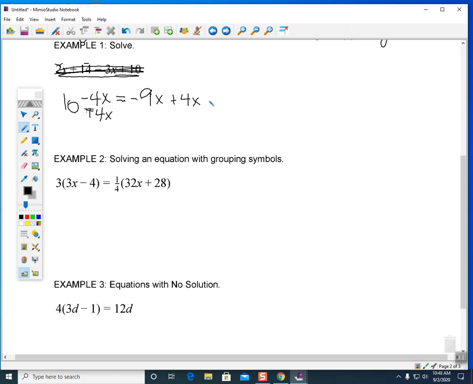That gives me 10 equals negative 9 plus 4x, which is negative 5x. Then I can just divide both sides by negative 5. We've done this a million times, right? 10 divided by negative 5 gives me negative 2, so I'm left with x equals negative 2.